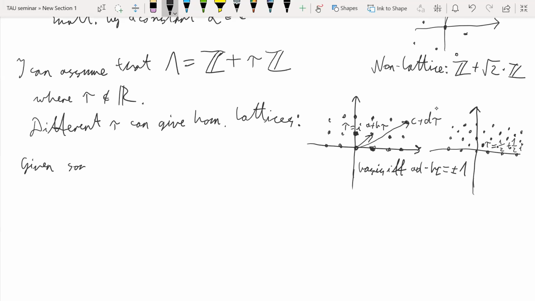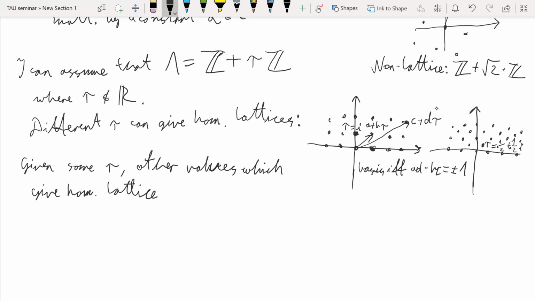So what this means is that given some tau, other values which give a homothetic lattice, excuse me, are a tau plus b, c tau plus d. Actually, I'm going to slightly change my notation.